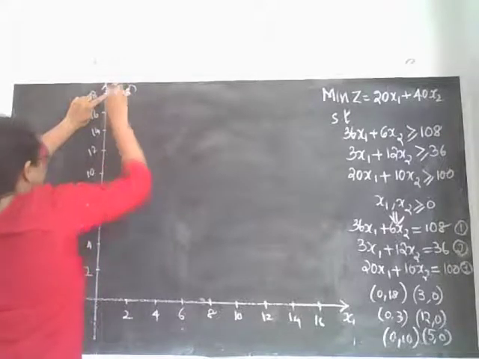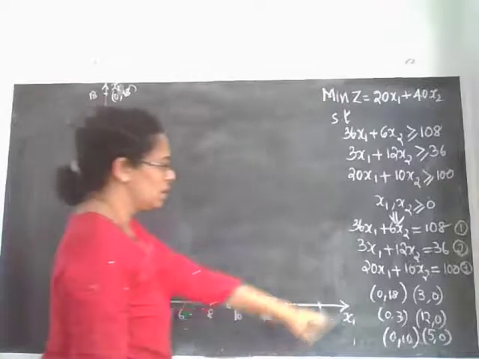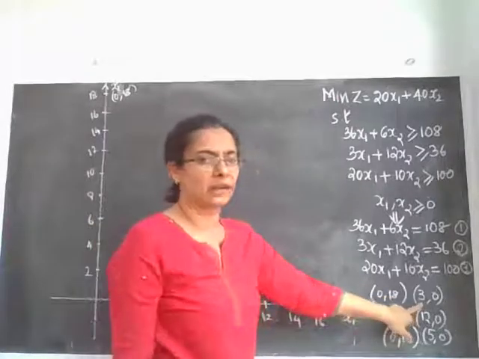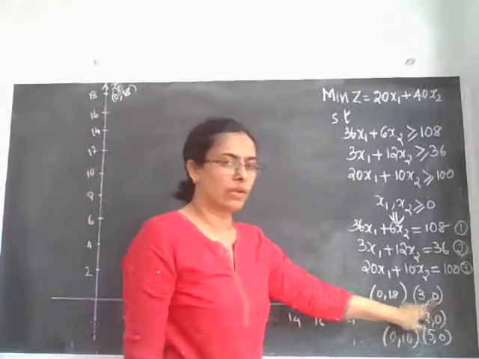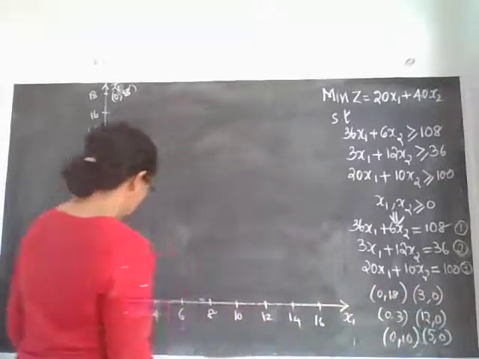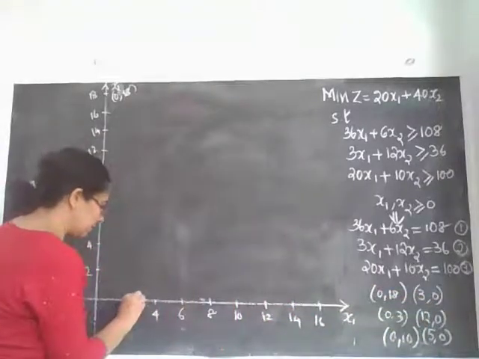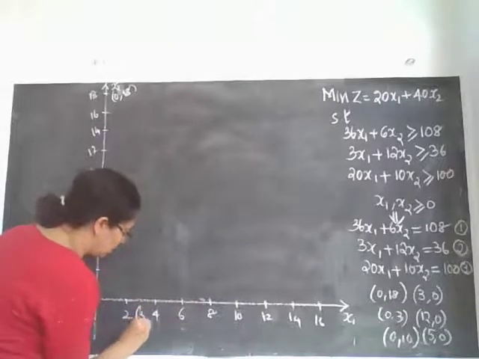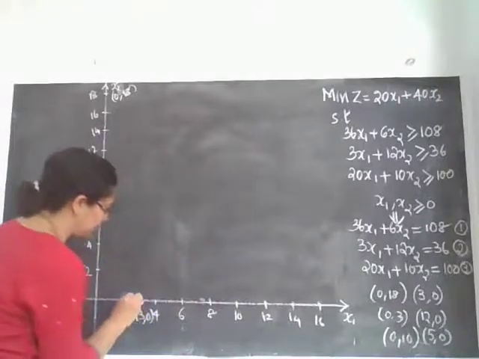Now (3, 0): x1 has the value 3, x2 has the value 0. So in between this, 3 is here. So you have here (3, 0), this point.